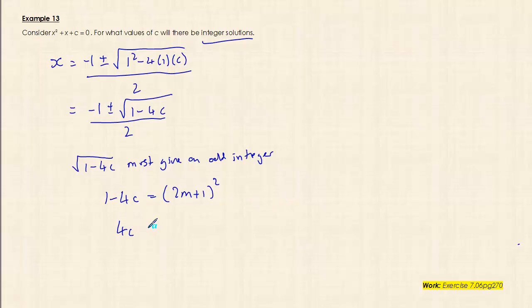So 4c would be equal to 1 take away (2m plus 1) all squared. So 4c is equal to 1 take away 4m squared, take away 4m, take away 1.